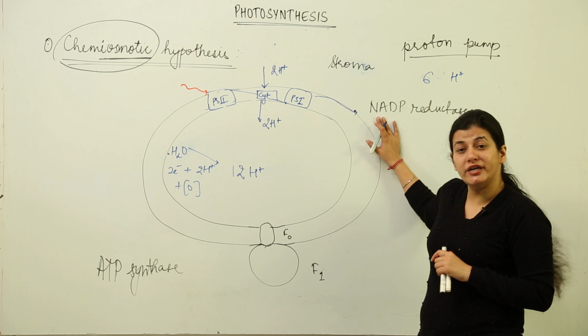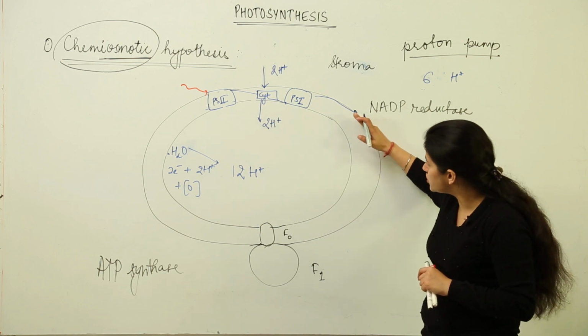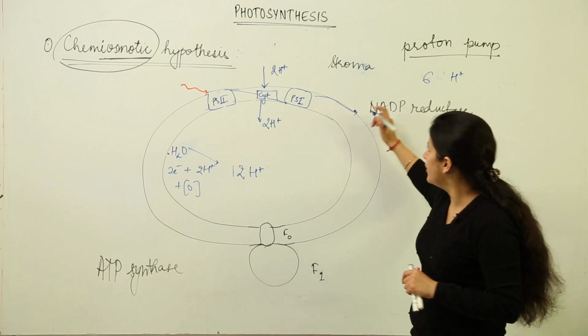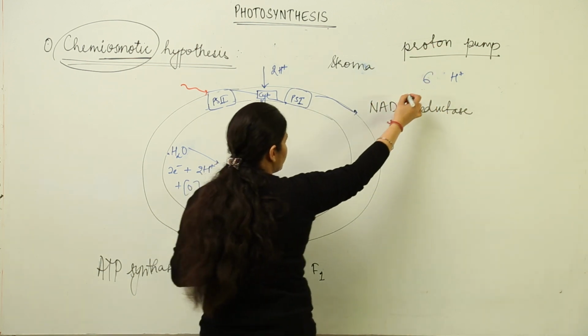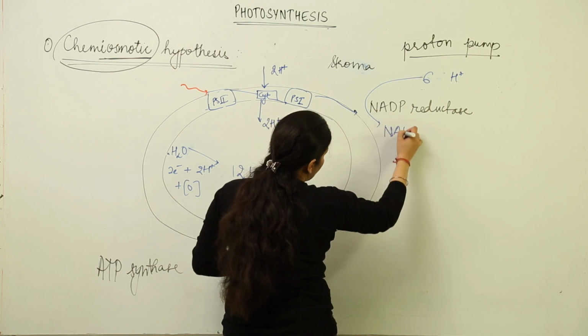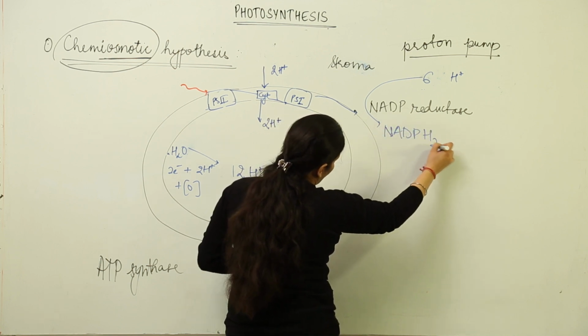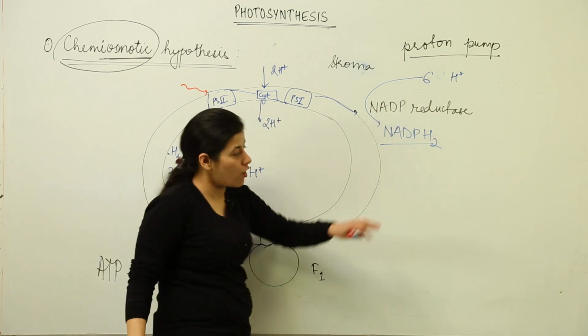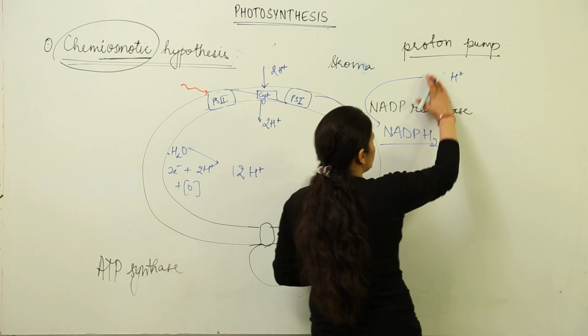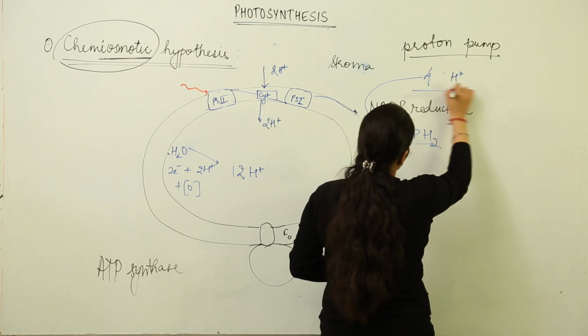When it comes in contact with NADP reductase, which is present on the outer membrane, it takes up protons, again protons from the stroma, and forms NADPH2, the reducing power, which further leads to a greater decrease in number.